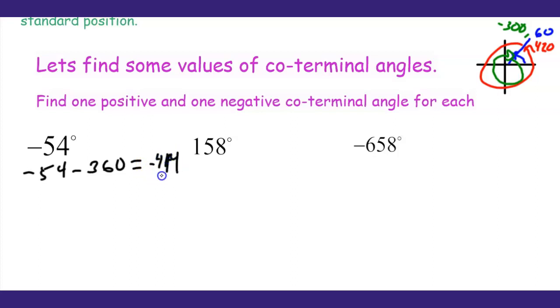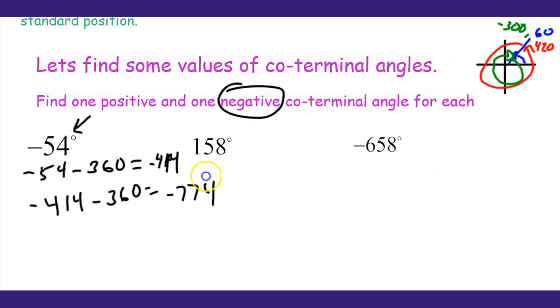You can actually do that again. You could also go negative 414 minus 360, and that'll give you negative 774. Both of these are coterminal to this. But those are negatives. That's a negative coterminal angle.